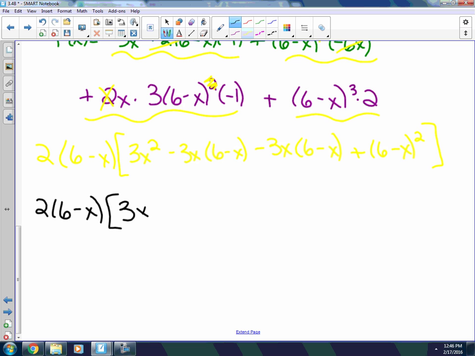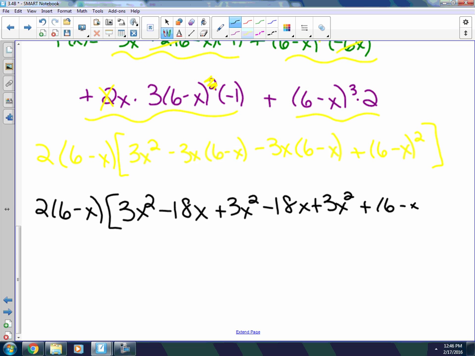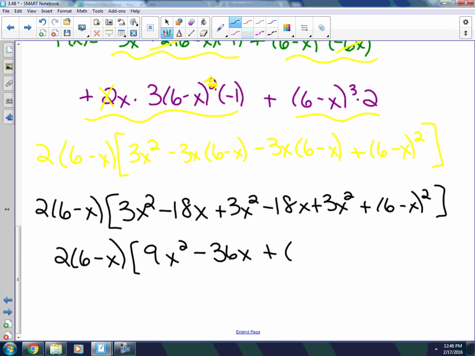We'll have a 3x squared minus 18x plus 3x squared minus 18x plus 3x squared. Do you want to FOIL that? No? Okay. You want to combine that just because they're right there waiting to be combined? Okay, me too. Okay, so then we're going to have 9x squared minus 36x plus the quantity 6 minus x squared.